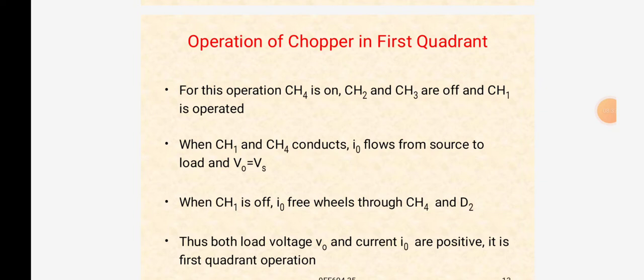When chopper 1 and chopper 4 conduct, I0 flows from source to load and the output voltage is equal to input voltage. When chopper 1 is off, load current freewheels through chopper 4 and diode D2. Thus, both load voltage V0 and current I0 are positive. It is first quadrant operation.